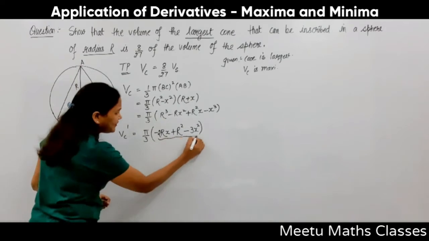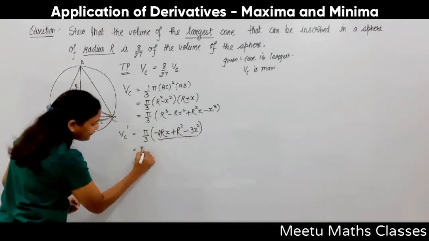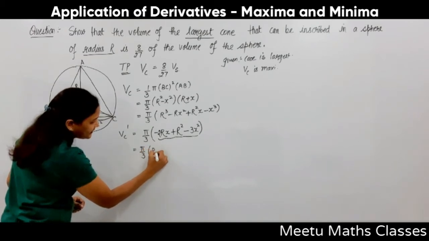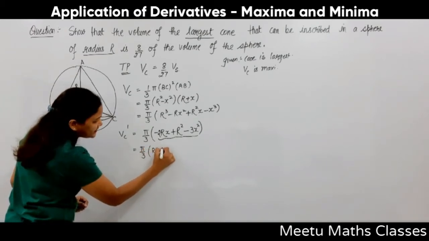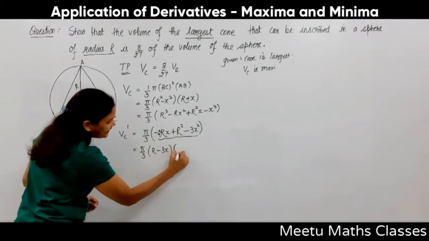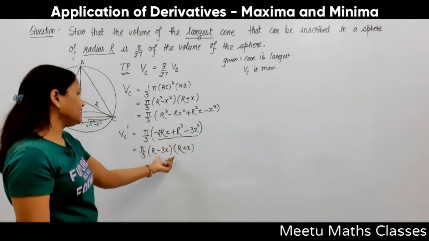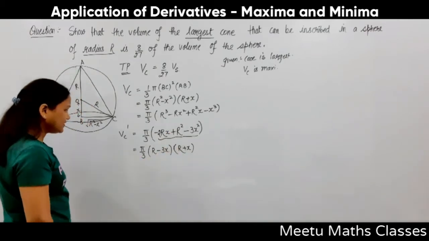Now we can find the factors of this quadratic polynomial, and the two factors are r minus 3x and r plus x.